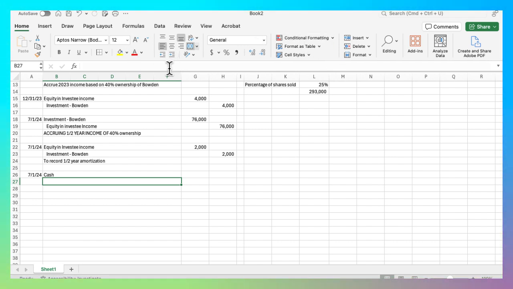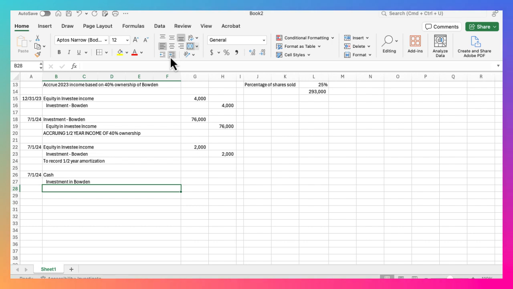What else did we get? Or what else happened? Well, the investment in Bowden account went down, right? That's an asset. We got to credit it. Now, we can tell right off the bat that we have a gain, right? Just by looking at the numbers, we know that it cost us $293,000.